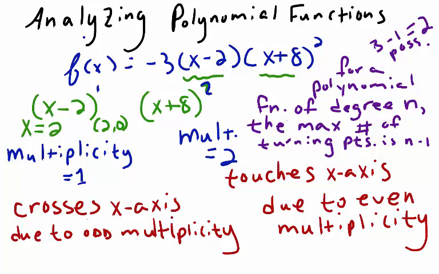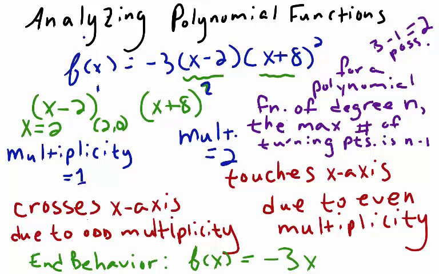So, the end behavior of our graph is f of x equals negative 3x cubed. What this means is that the power function that our graph resembles for large values of the absolute value of x is negative 3x cubed.